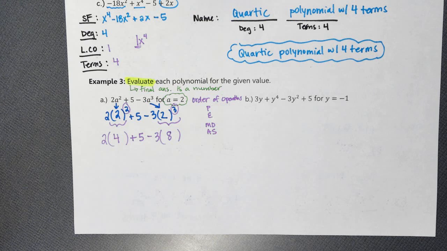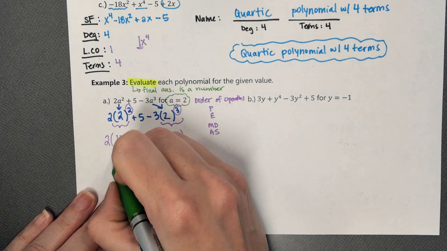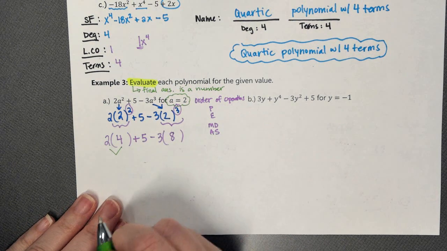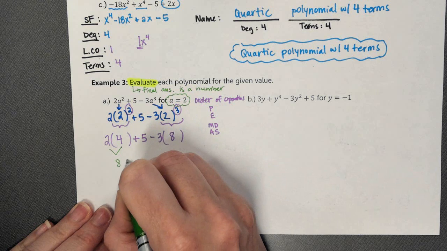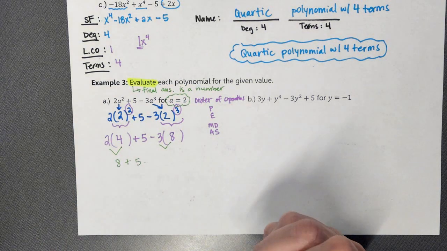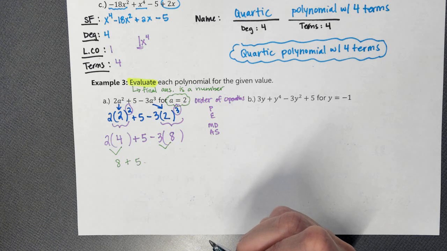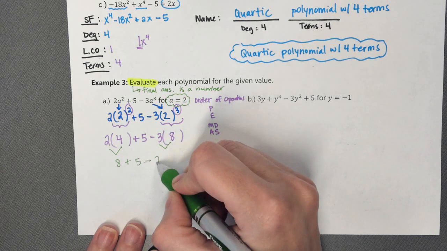Alright, now we have to multiply whatever needs to be multiplied together. And really, you can put this part in your calculator as well. 2 times 4 is 8. What's negative 3 times 8? Do you guys know 3 times 8? So this will be minus 24.